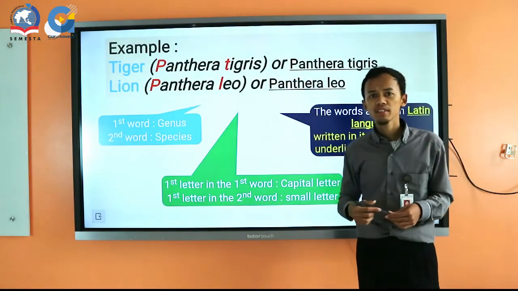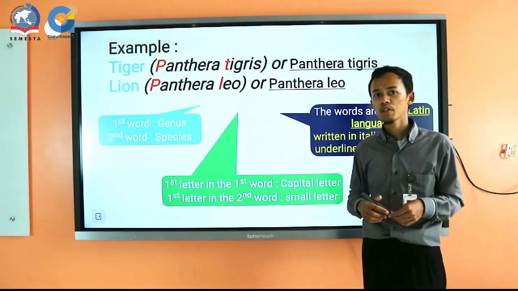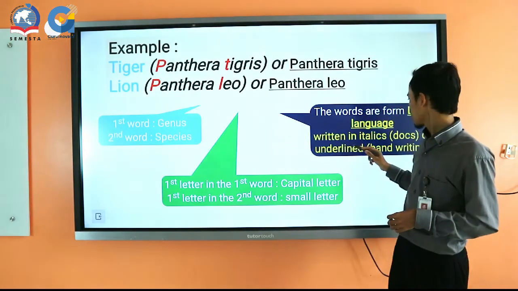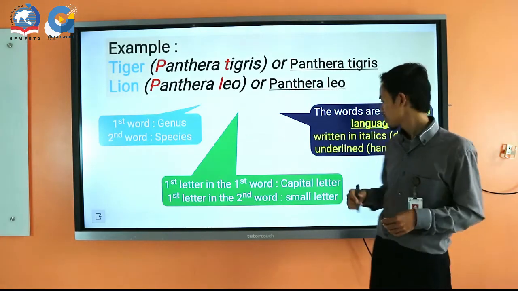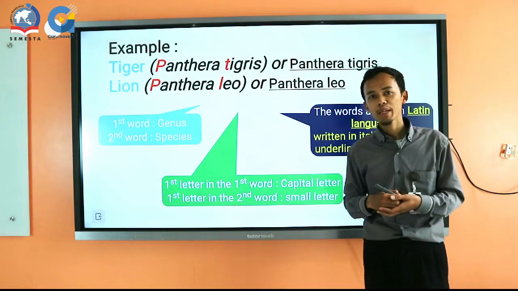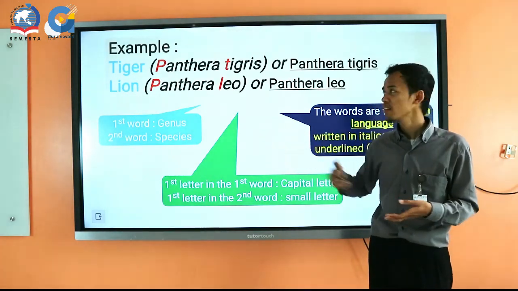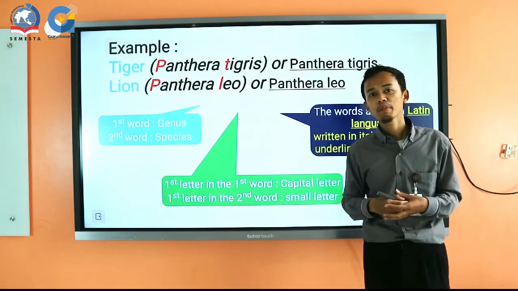If you type on a computer, you write in italics, or Ctrl I in Windows. And underline, if you write with pencil on a piece of paper. These are the 3 rules that you need to know to write species names properly.